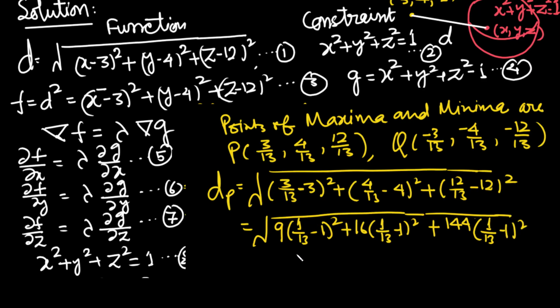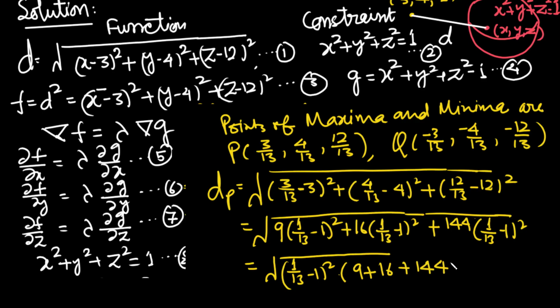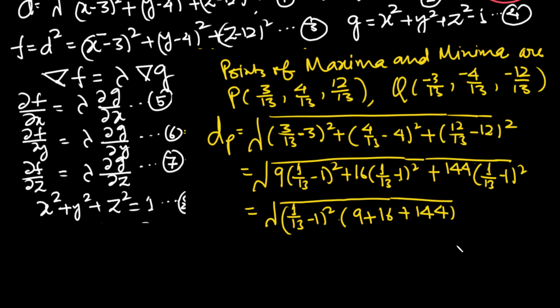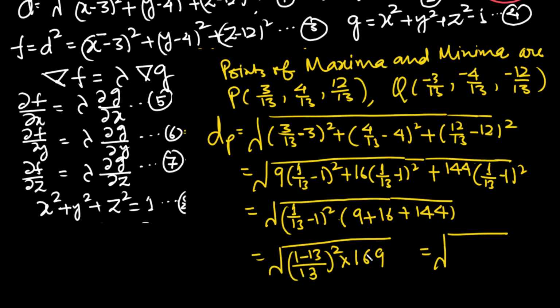We are simplifying this expression. The common factor is (1/13 minus 1) whole squared, multiplied by 9 plus 16 plus 144, which is 169. This is (1 minus 13) squared over 13 squared, multiplied by 169. That is 144 over 169 multiplied by 169, so 169 cancels out, and the square root of 144 is 12.